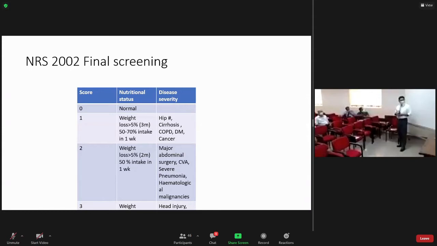If the total score is more than 3, we consider the patient at risk of malnutrition, or nutritionally at risk. That is the initial screening. For this screening process, there is actually no need for a medical officer; even a paramedical person can do it. Then we go for the next step.